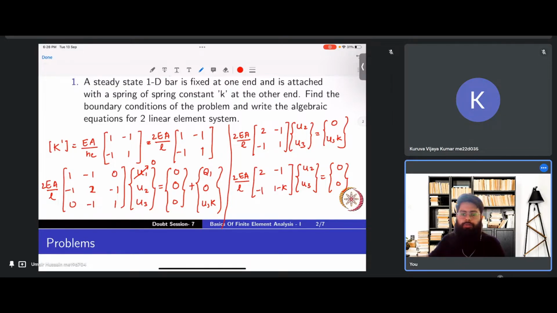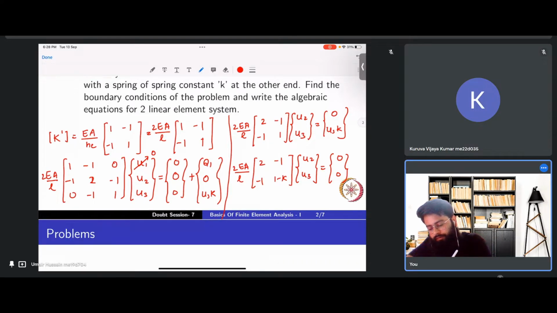Am I getting any response for this? Okay, I'll tell them. Since you'll see that the right hand side is completely 0, we'll get both U2 and U3 equals 0.